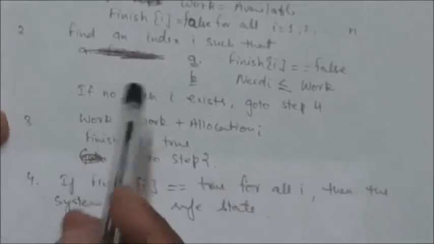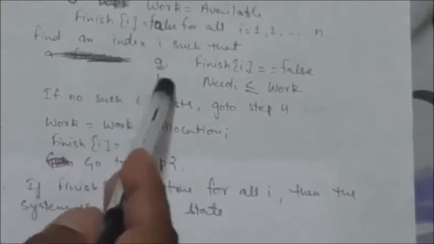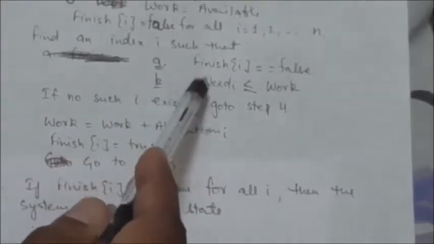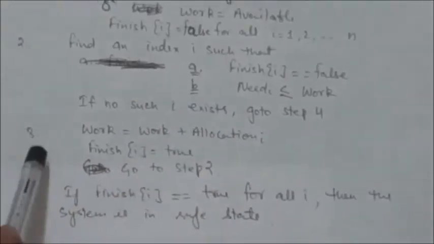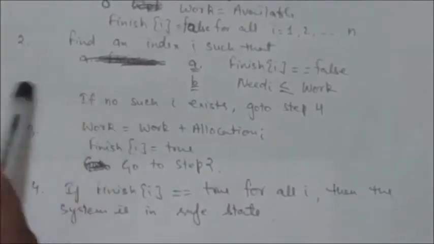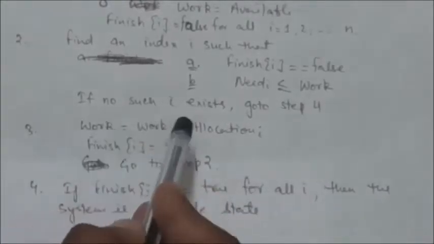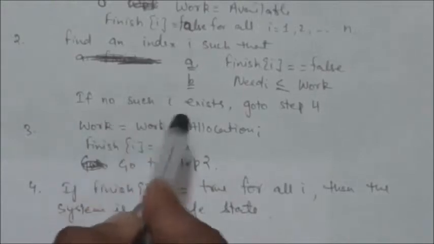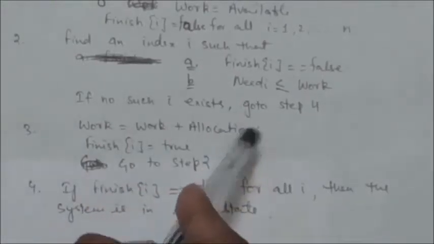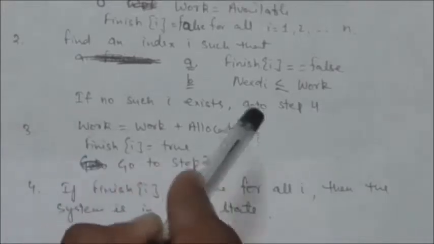But if such index i is found which will satisfy these two properties specified in step 2, then we will move to step 3. We will not move to step 4. What happens in step 3? In step 3, work is set to work plus allocation[i]. The value of this vector work will be updated.